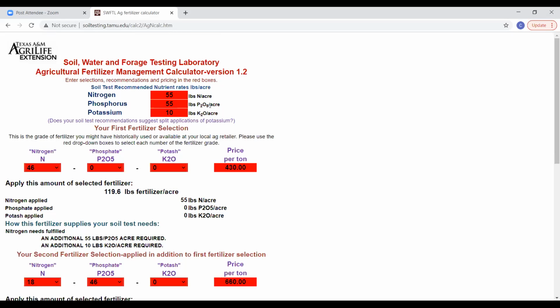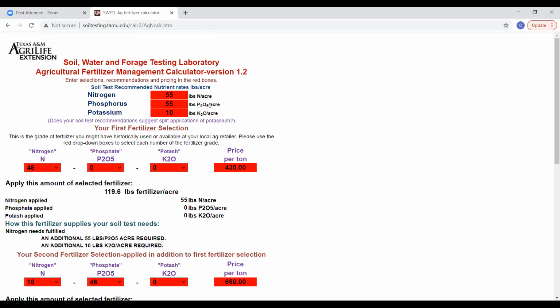But we divide 55 by 2.55, and that gives us 21.5, so we'll round it up to 22. Then again, you know the answer to this one. 55 divided by 2.55 gives us 22 again. And then we do 10 divided by 2.55, and that gives us 3.9, which we round up to 4.